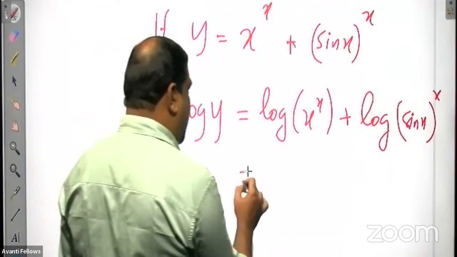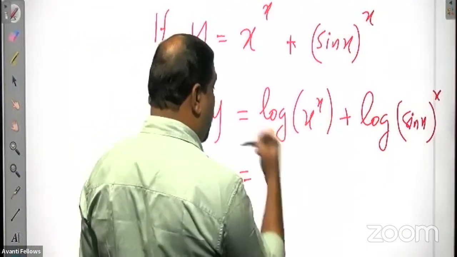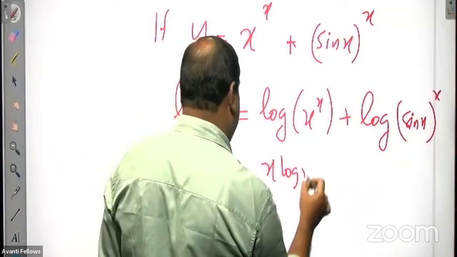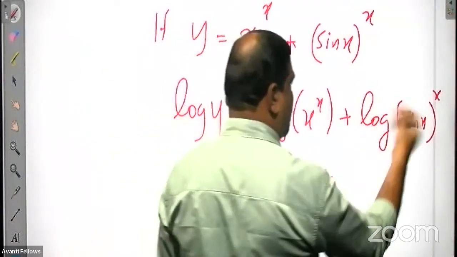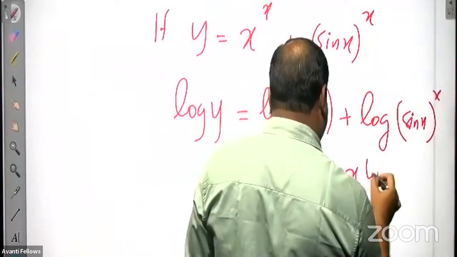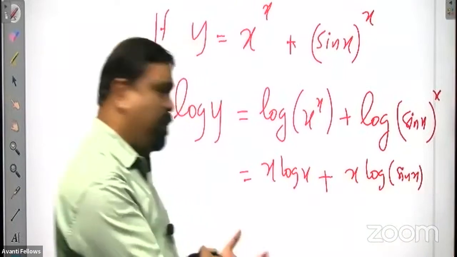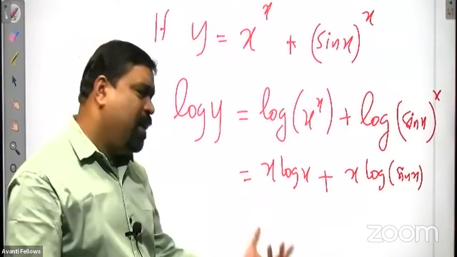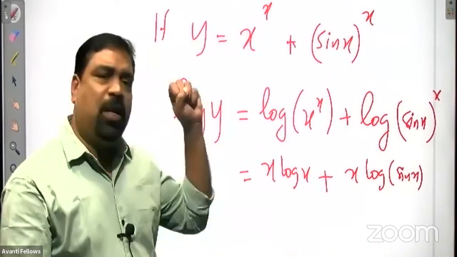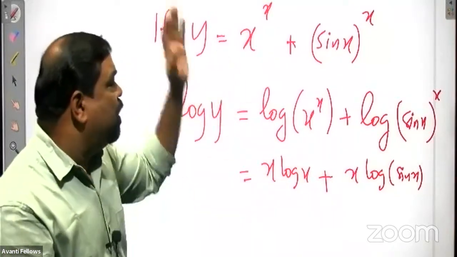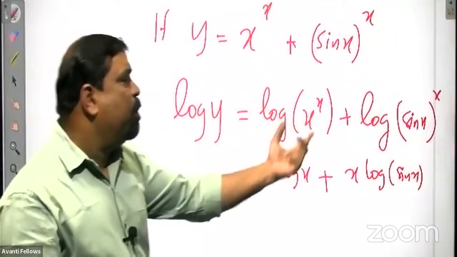The next stage they will write, by property of logarithm, log of x raised to x equal to x into log x, plus log of sin x raised to x equal to x log sin x. Then they will do the differentiation and get an answer also. But it is totally wrong. From the beginning itself, we have committed a mistake.